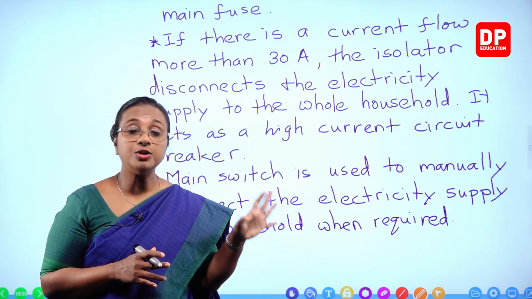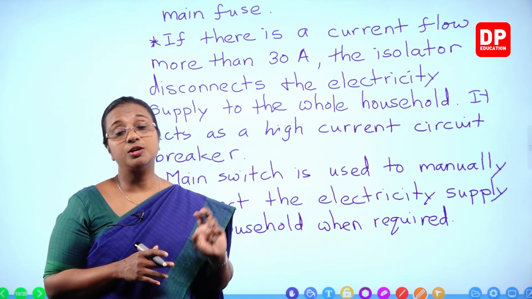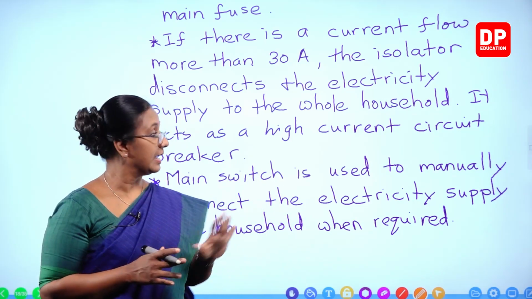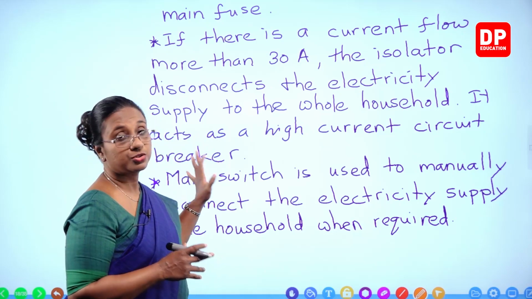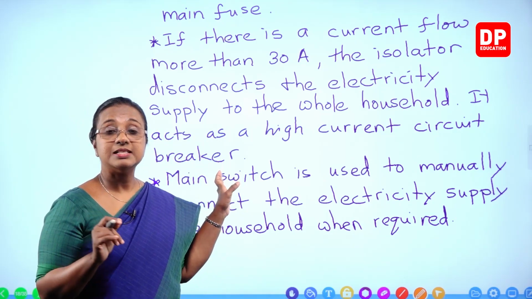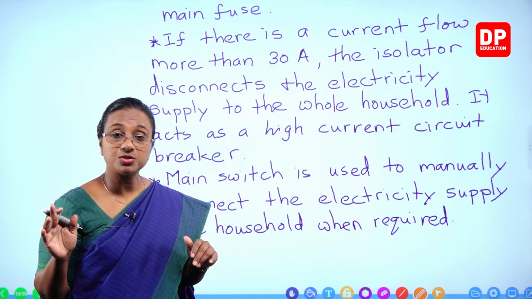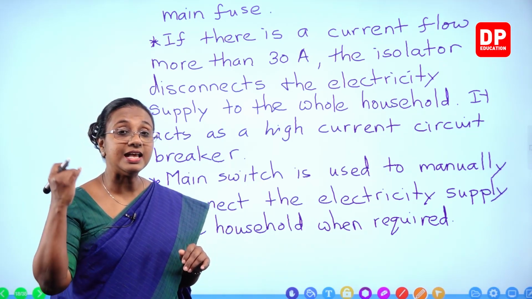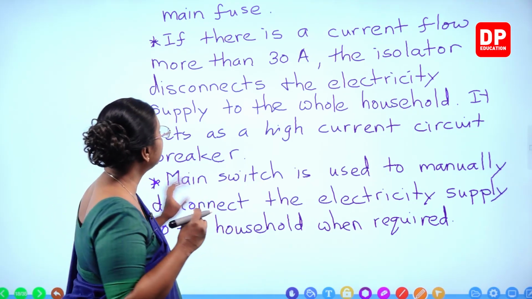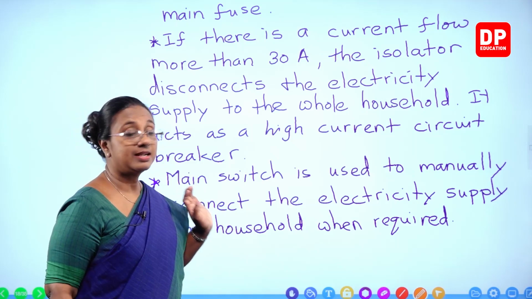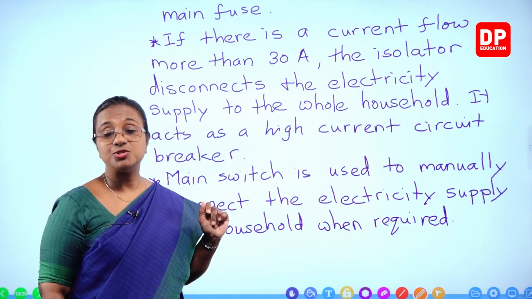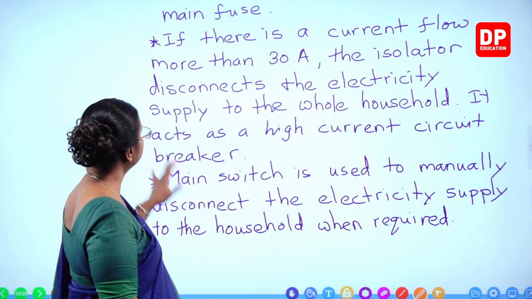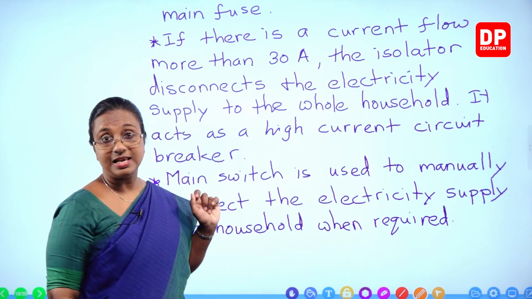So we don't normally use that to turn off the electricity supply. Instead, the isolator belongs to the consumer. So there is the main switch that can be used to disconnect the electricity supply to the household. So those are two functions of the isolator.